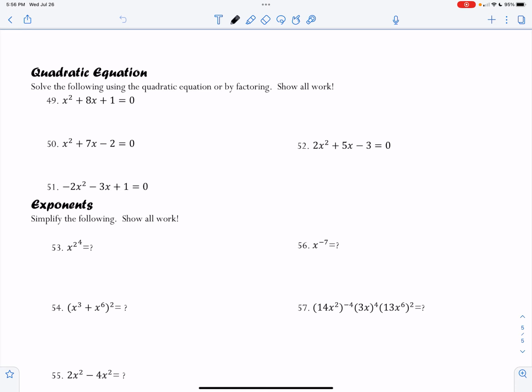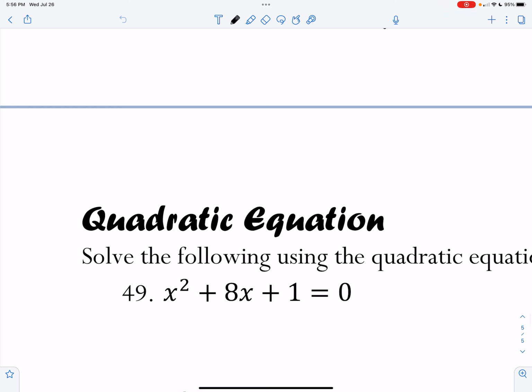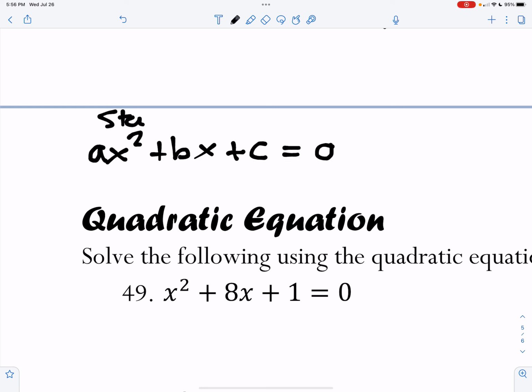So remind yourself, a quadratic equation has the look ax squared plus bx plus c equals 0. This is called the standard form for a quadratic.